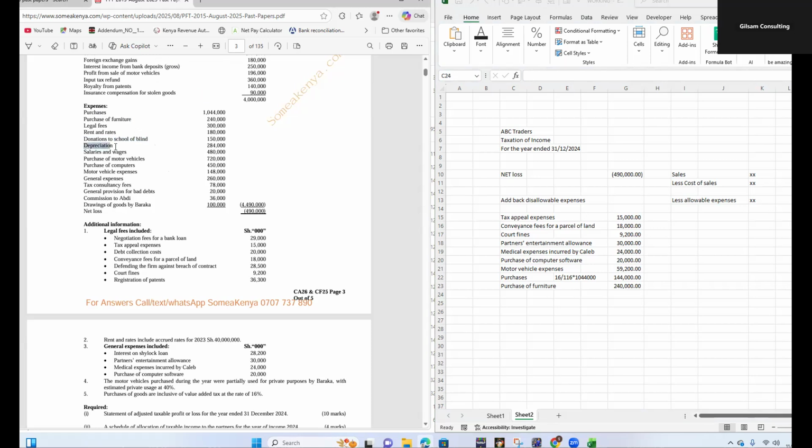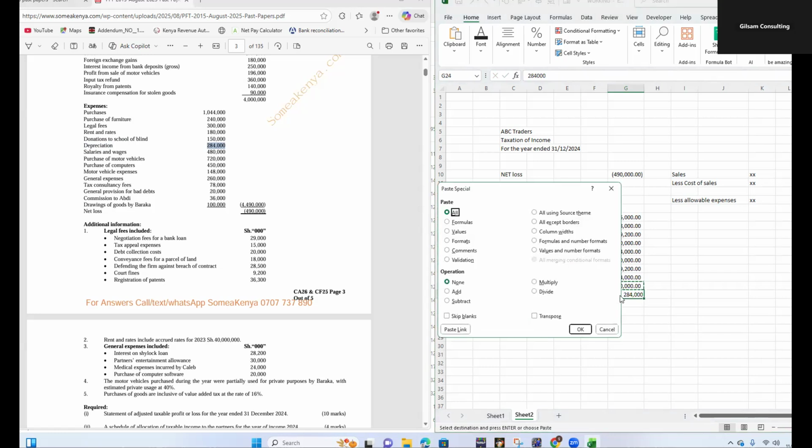Now, depreciation, we disallow depreciation because we don't know which rate he has applied, since we have a standard rate for depreciation, that is capital allowance. So we disallow the entire 284,000. If you have been given the rate, you calculate for the specific rate.